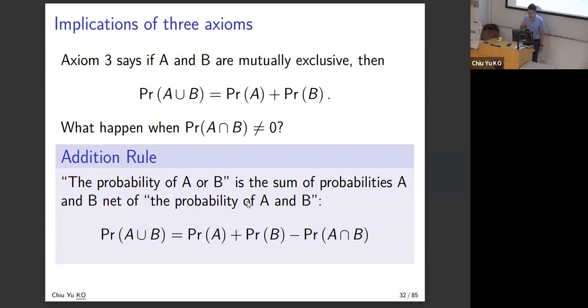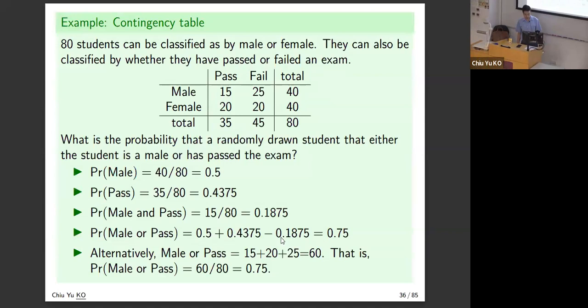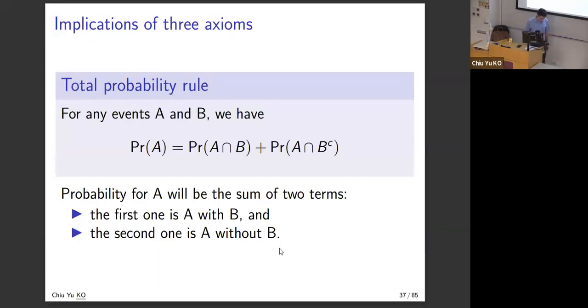The idea is just to remember this diagram. If you want to calculate the total area, which is a union, you can take the area of the red circle plus the area of the blue circle minus the overlapping pink area, right? That's what you learned in kindergarten. Exactly the same logic here.